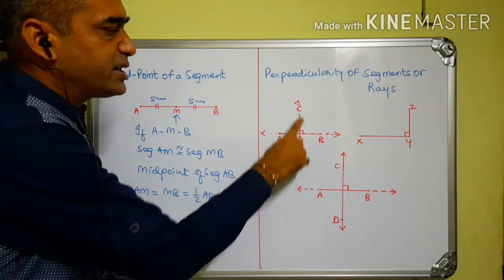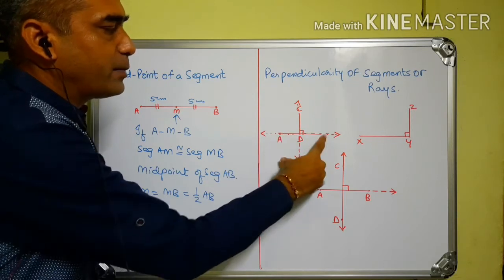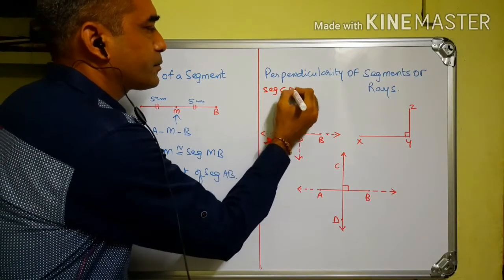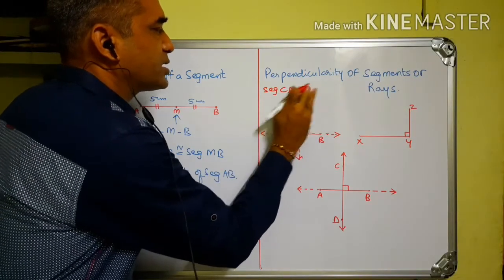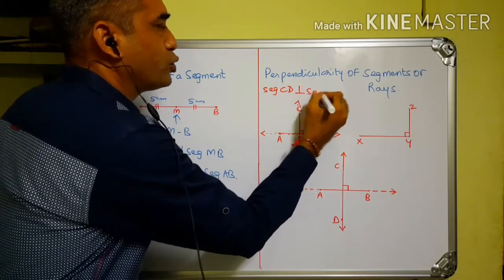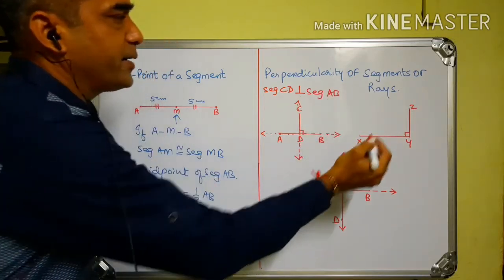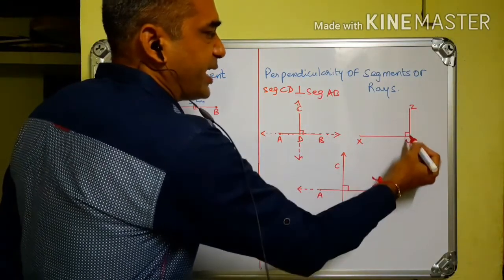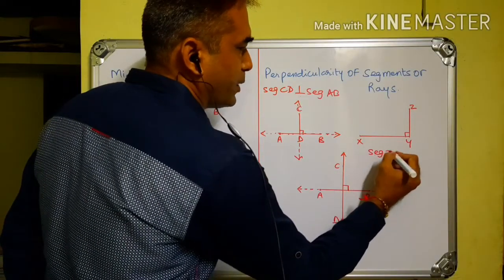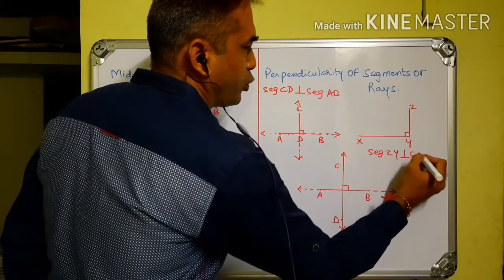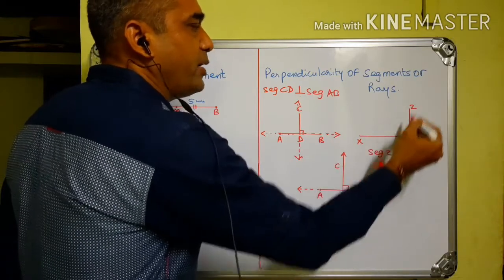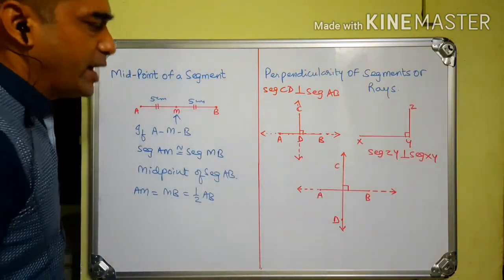Therefore, segment CD is perpendicular to segment AB. This is the sign of perpendicularity. Here also segment ZY is perpendicular to segment XY, or you can also say segment XY is perpendicular to segment ZY.